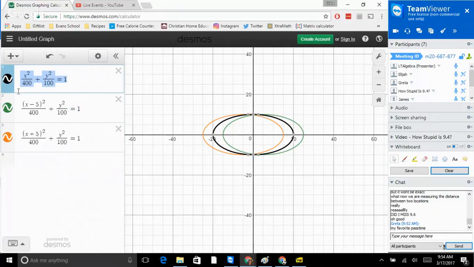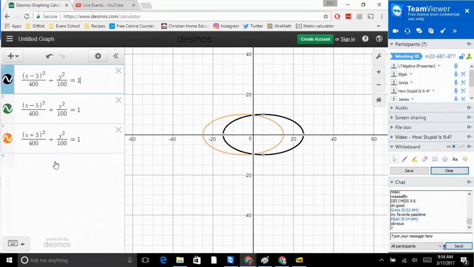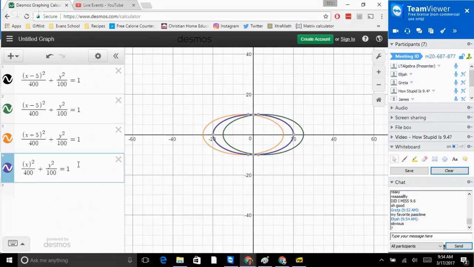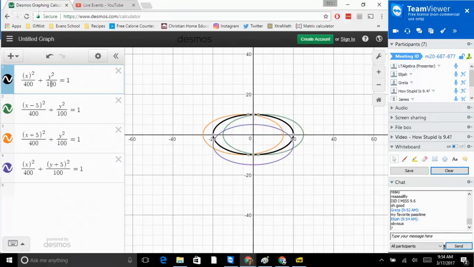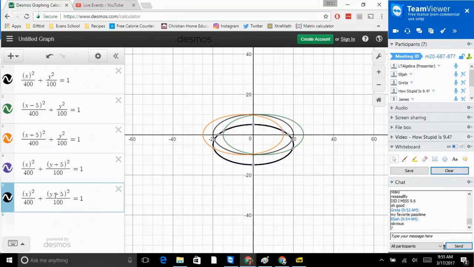So if I take this original equation, put it down here, and add in plus 5 squared, now I shifted my ellipse down. There we go. Shift my ellipse up.